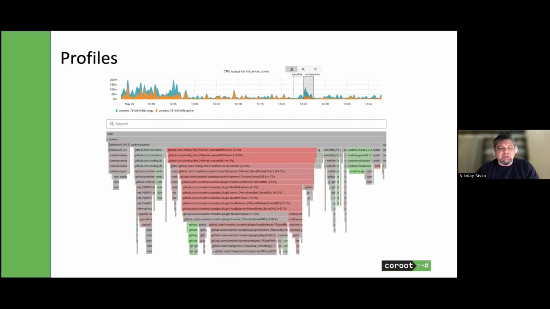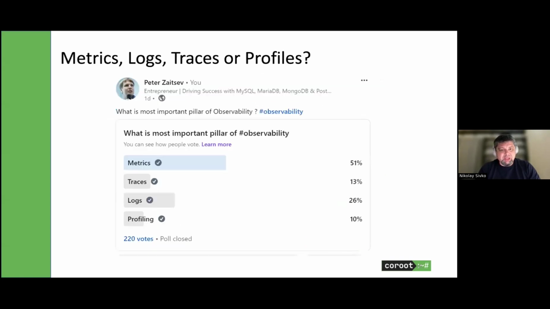Also, since we have data about CPU usage at this particular point in time, we can compare some anomaly with the previous time and understand what's changed. For example, in this case, we highlight in red the most significant increase in CPU consumption.